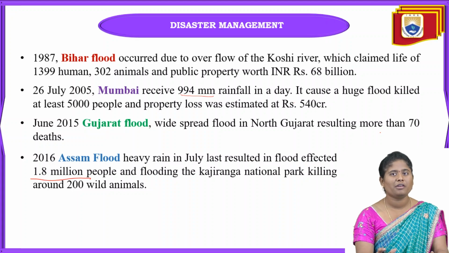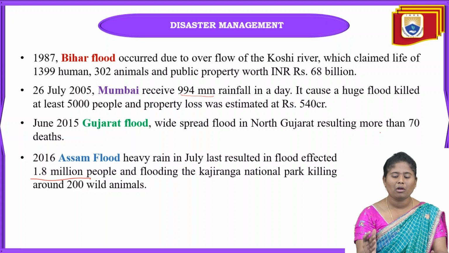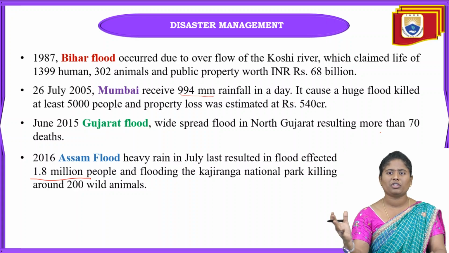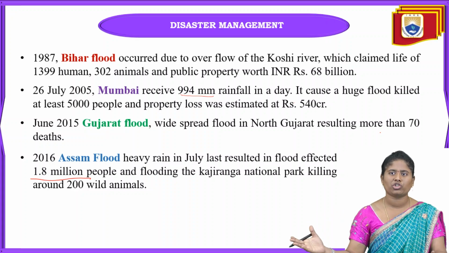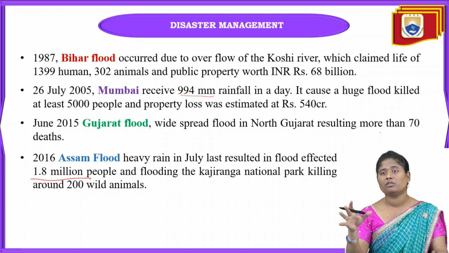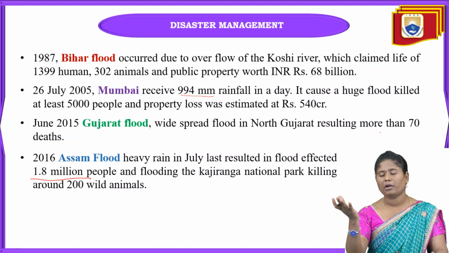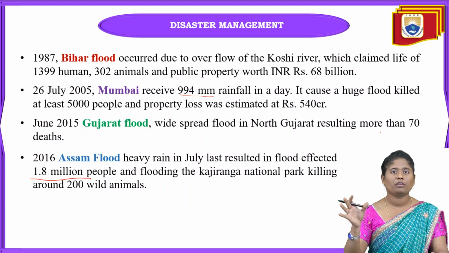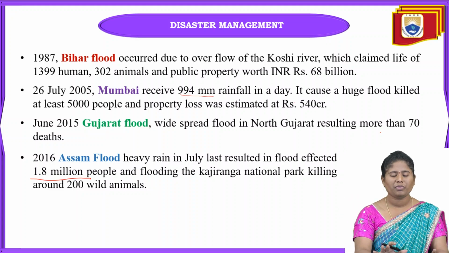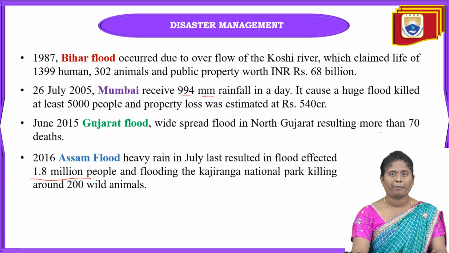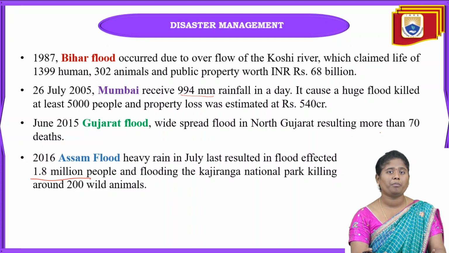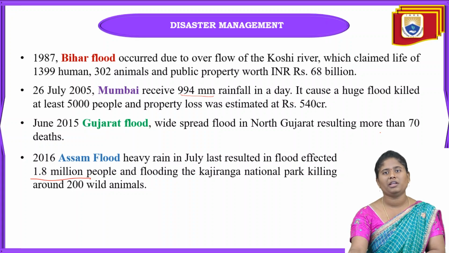Obviously, if there is heavy rainfall, that rainfall will go into the rivers or oceans. When those rivers and oceans overflow, the water goes downstream, and because of that impact these Assam floods happen. The great impact of this is mainly on the people, as well as the wild animals living in Kaziranga National Park.